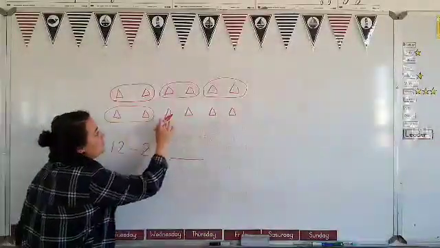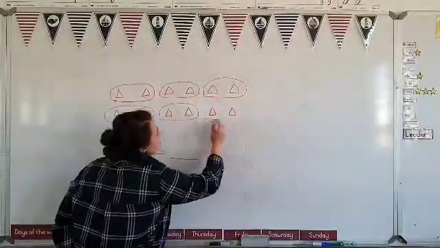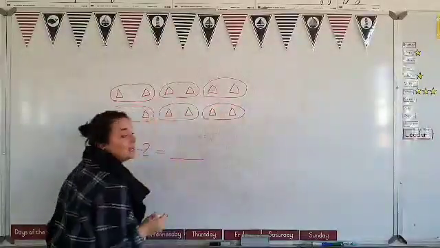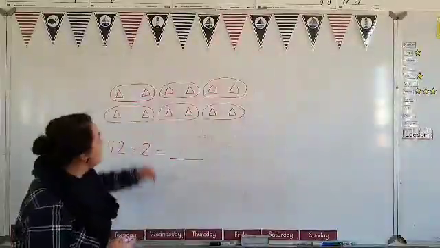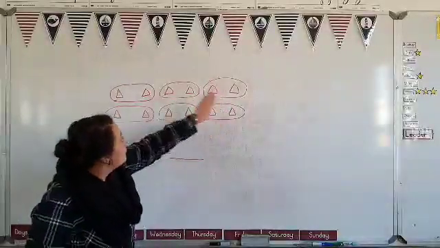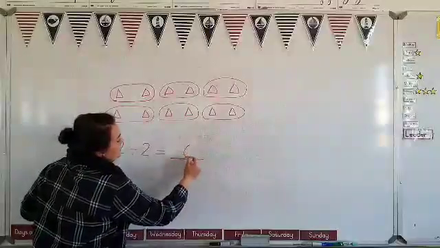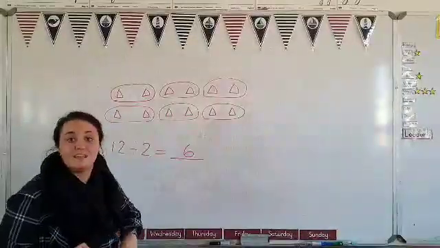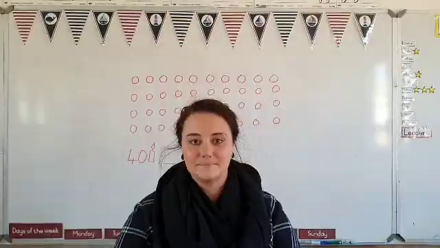Make a group. 1, 2. Make a group. 1, 2. Make a group. Now, how many groups are there? 1, 2, 3, 4, 5, 6. Then we have our answer over there. So this is also an easy way to get to your answer.